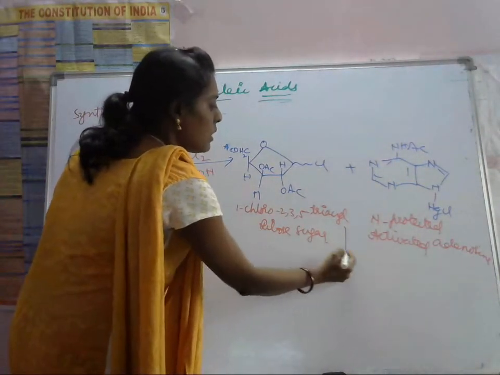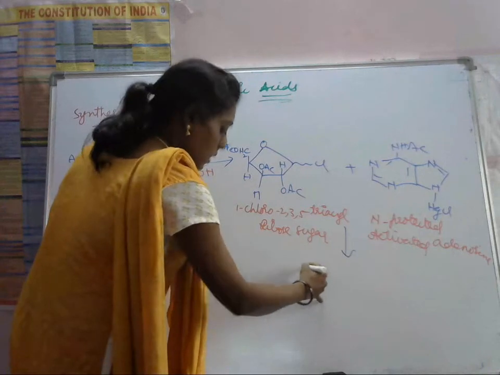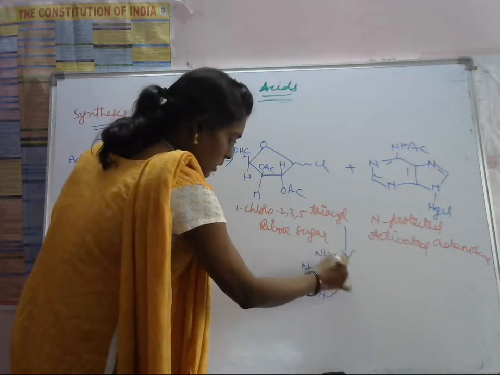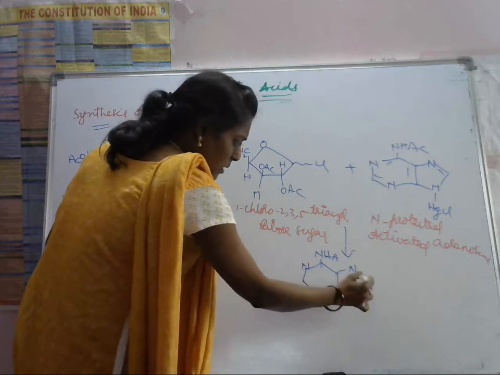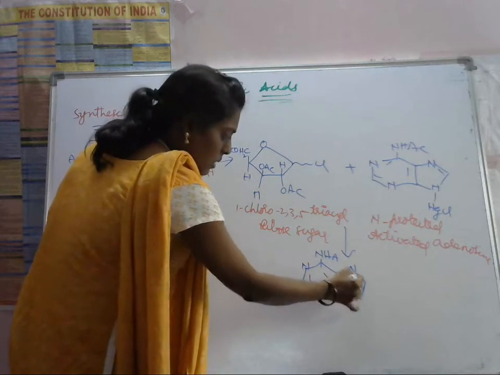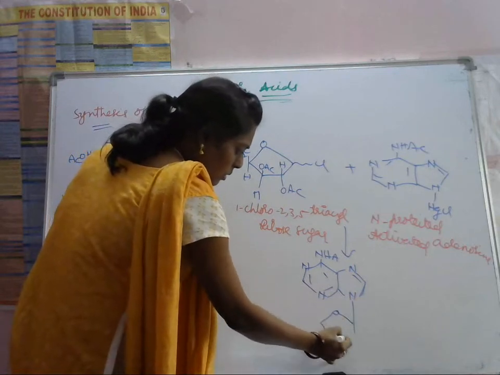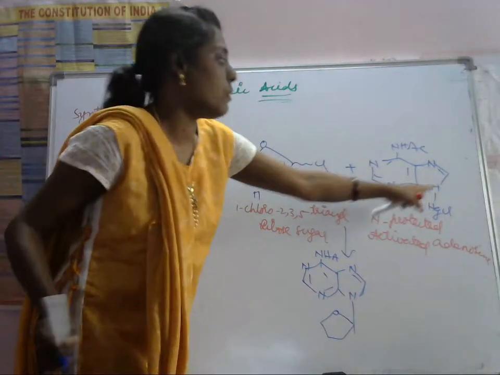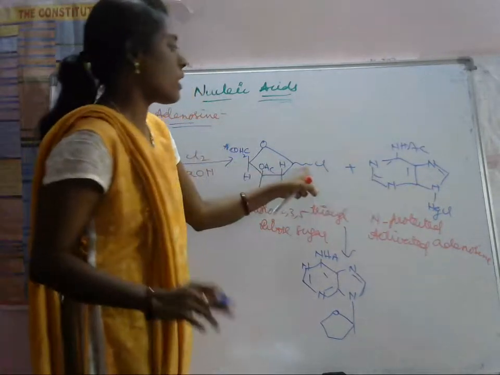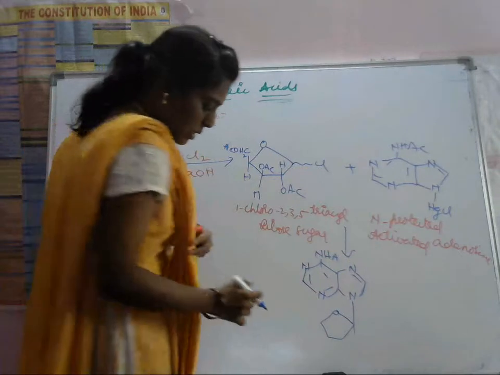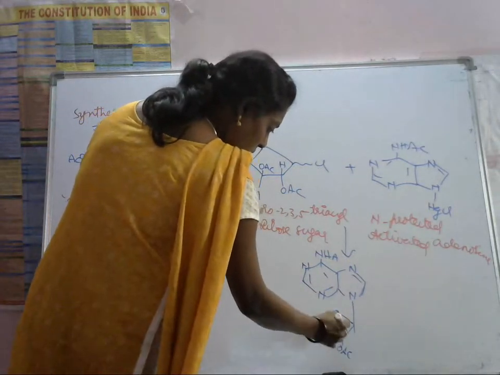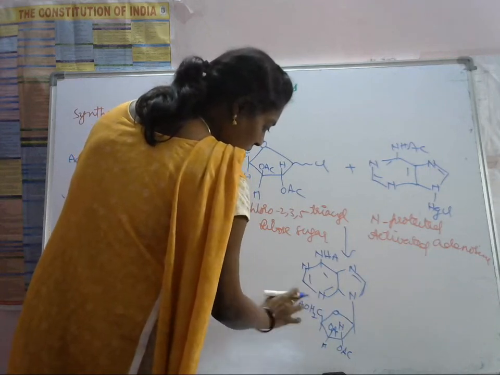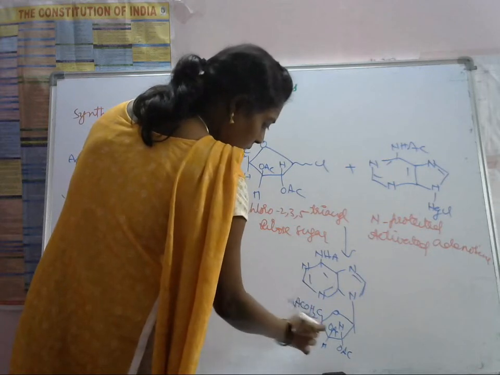If we combine these two units, here N, here N, here NHAc, nitrogen, and here a double bond, O, H. The Cl and the HgCl will be cleaved and a bond is formed between them. Here OAc, H, OAc, H, here CH2OAc.